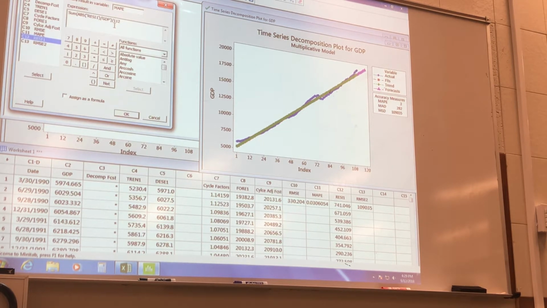If you sum all those percentages up and divide them by the number of observations, you get the MAPE, mean absolute percentage error. You got it? Understand that? Okay, so you can write the formula down on a piece of paper, or you can use a calculator.